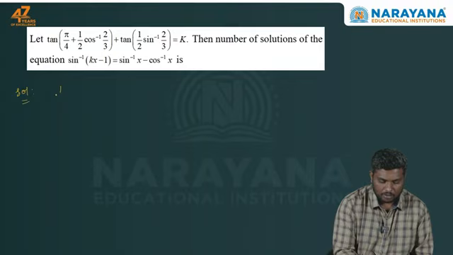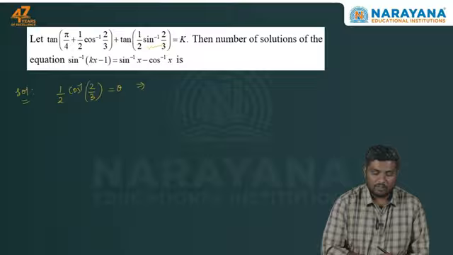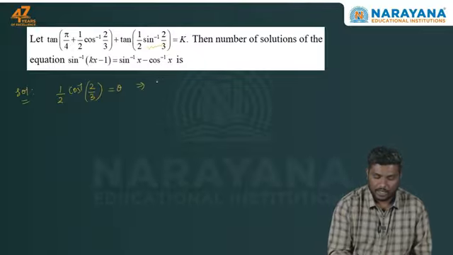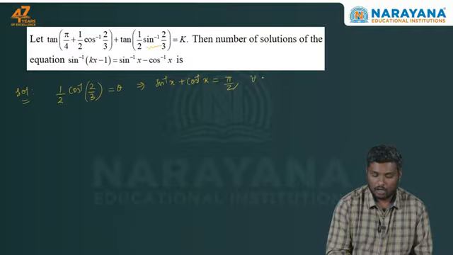So guys, I am going to take half cos inverse 2 by 3 as some theta. And the second part, if you observe sin inverse 2 by 3, by the identity we all know that sin inverse x plus cos inverse x is equal to pi by 2 for all x belonging to -1 to 1.